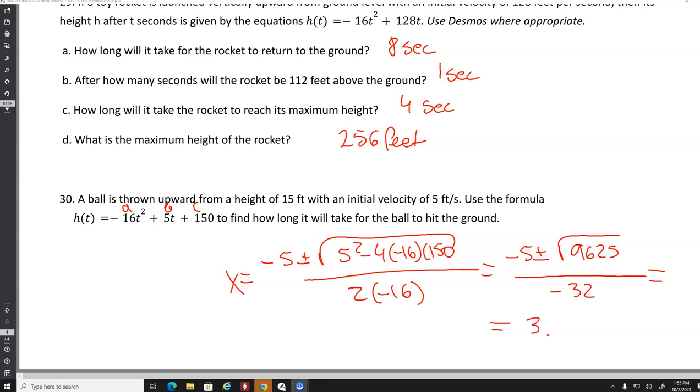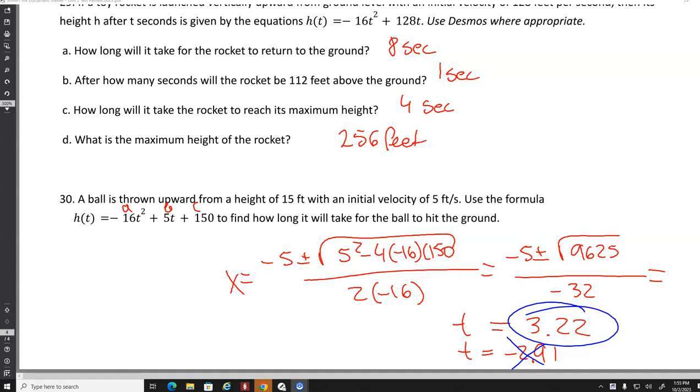I'm going to get positive 3.22. The other answer is -3.91, and obviously we do not use a negative time. So this is how many seconds it will take for the ball to hit the ground.